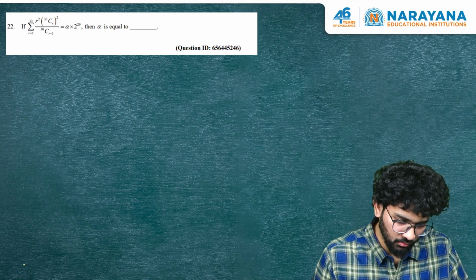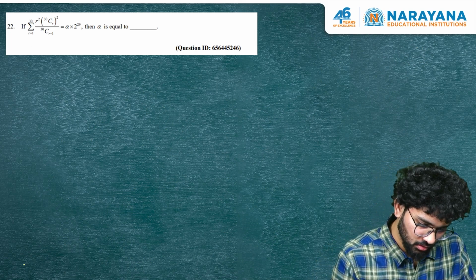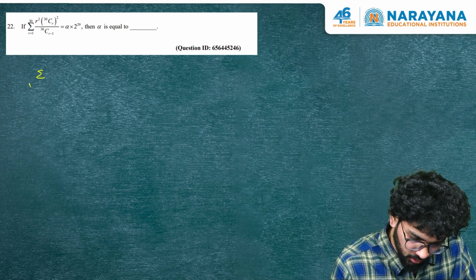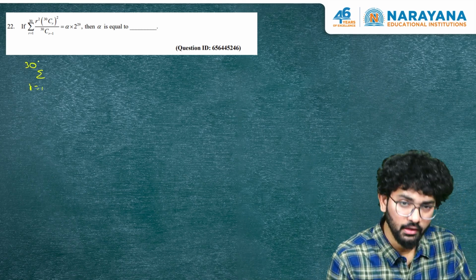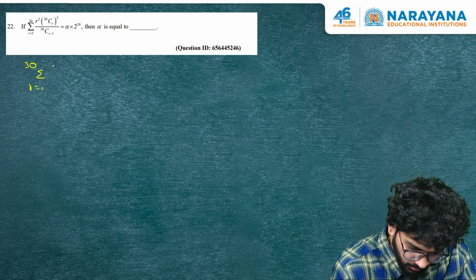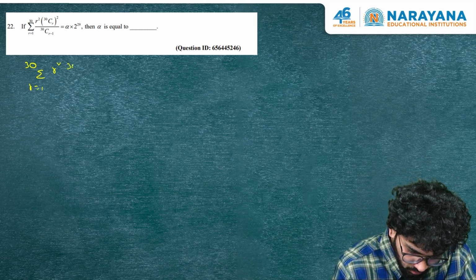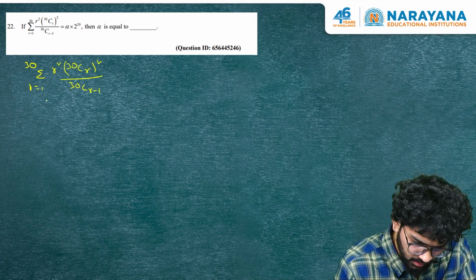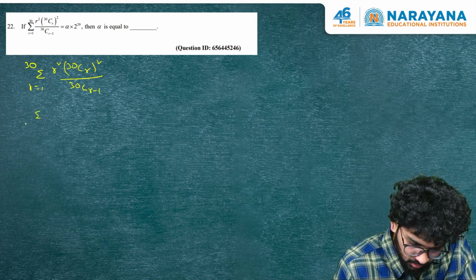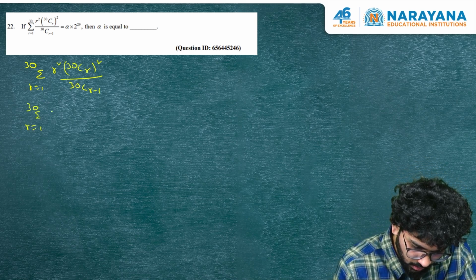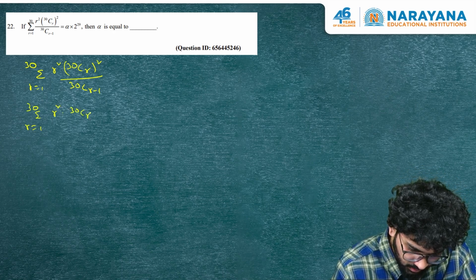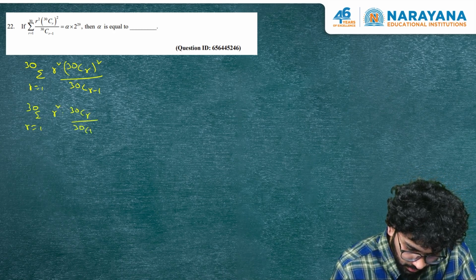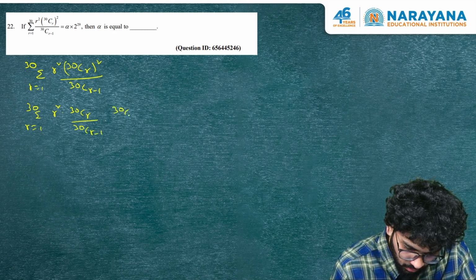That is based on binomial coefficients. Given problem is sigma r equal to 1 to 30 r square into 30 cr whole square by 30 cr minus 1. Now let us simplify this thing. Sigma r equal to 1 to 30 r square into, I'll write this as 30 cr by 30 cr minus 1 into 30 cr.